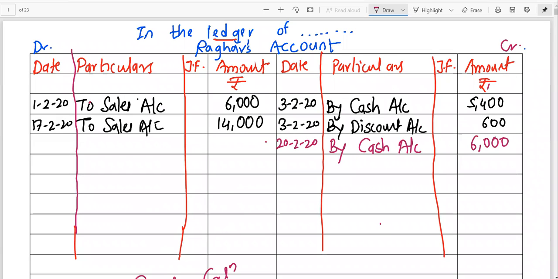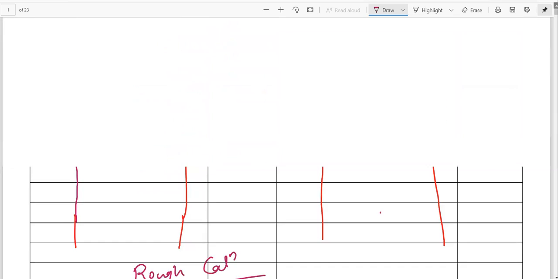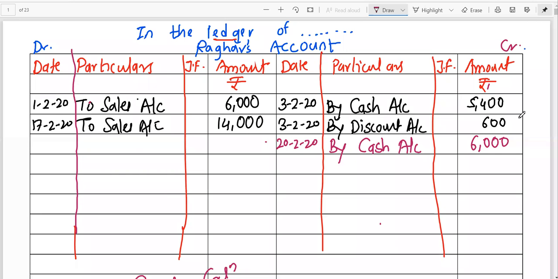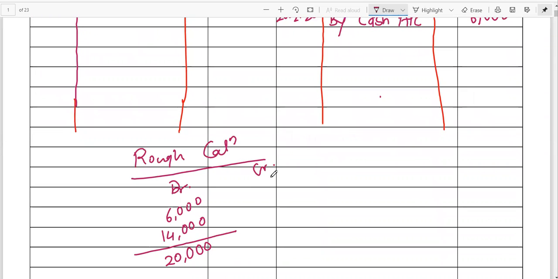Now credit side. Write credit side total. Write like this credit, then all the amounts, 5,400. This is rough calculation. You should be doing this on rough page or else on the last page of the notebook.